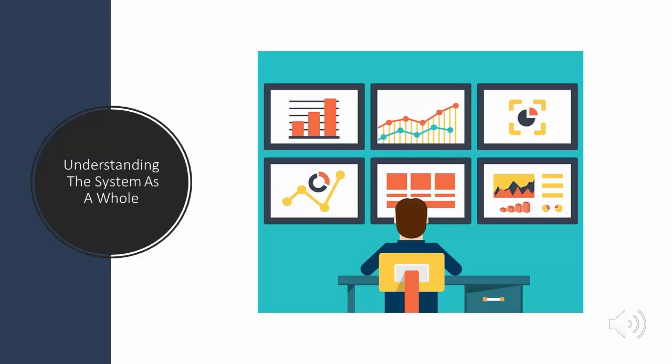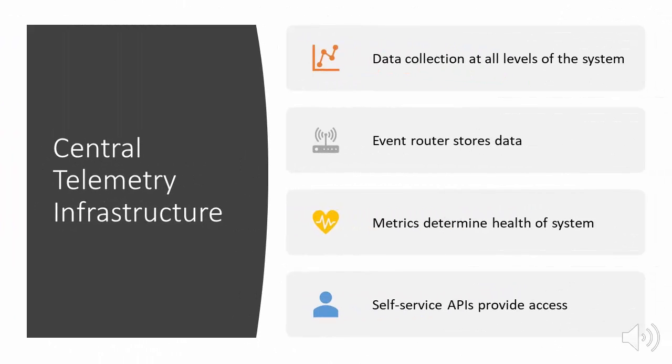Rather than keeping telemetry in individual repositories, the information should be shared widely through a centralized telemetry infrastructure. This infrastructure will include several components. The first part is data collection at all levels of the system, including the business logic, application, and environment layer. The data collected includes events, logs, and metrics about the application, the operating system, the deployment pipeline, and when, where, and how events occur.